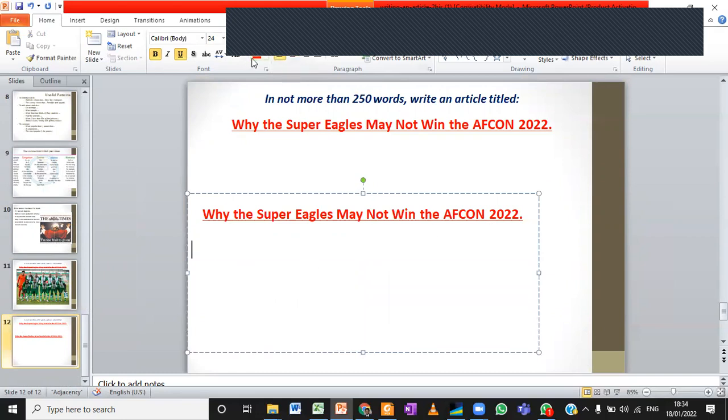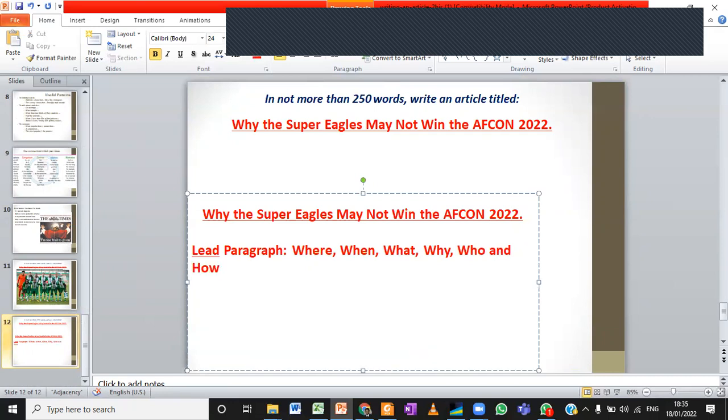Once you get that paragraph where you say the where, the when, what, you can arrange them in whichever order you please. When, who, and how. You can arrange them. So let us see what you come up with. Okay? Okay, sir.